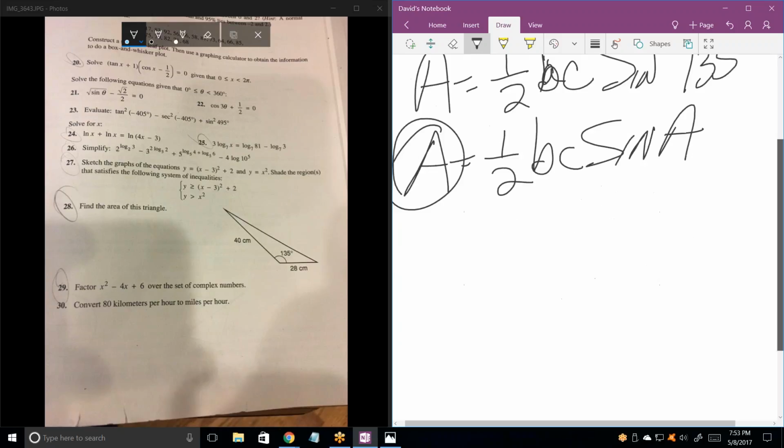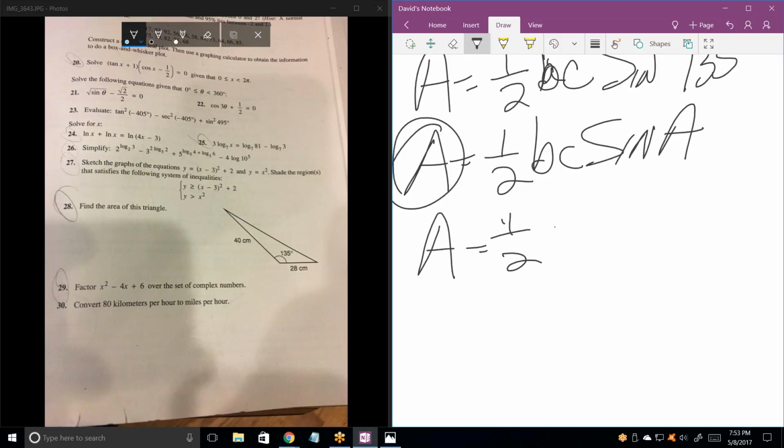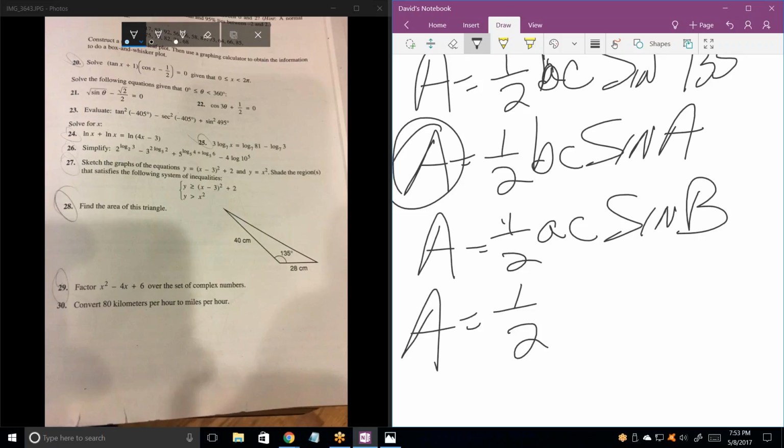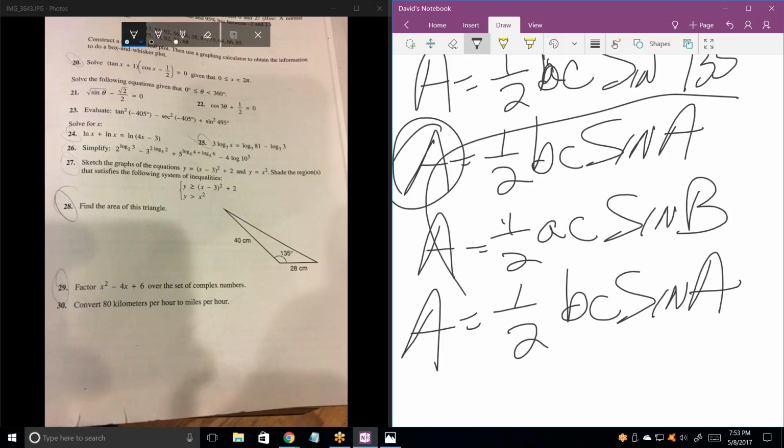And there's 3 of them. In other words, the area can also be equal to 1/2 A times C times the sine of B. And the area can also be equal to 1/2 B times C times the sine of A. Notice the pattern?